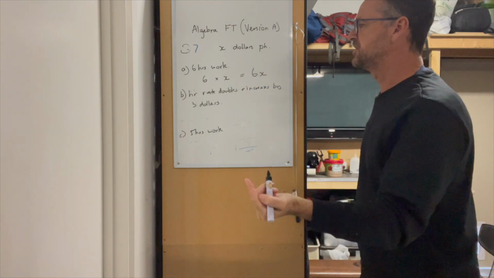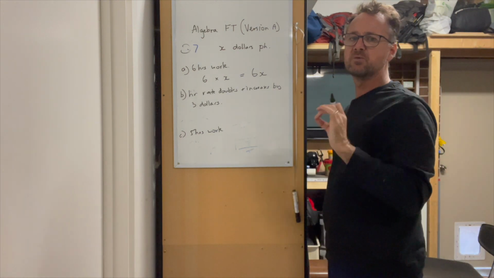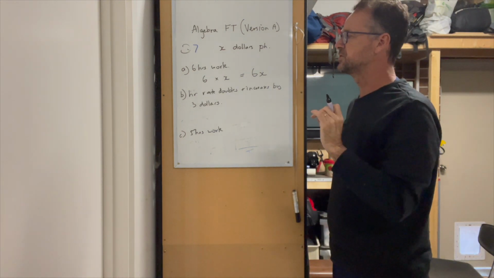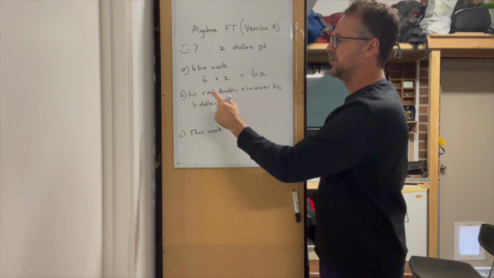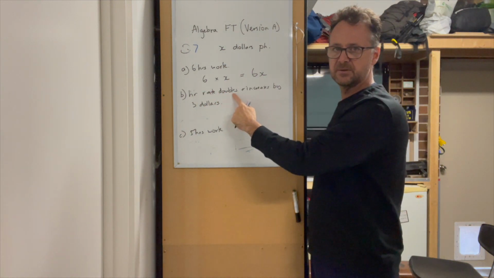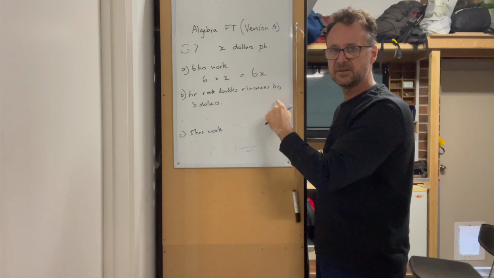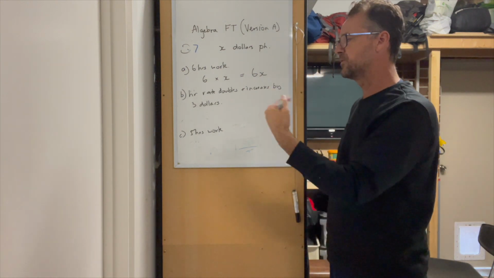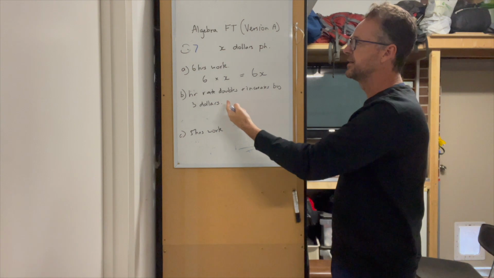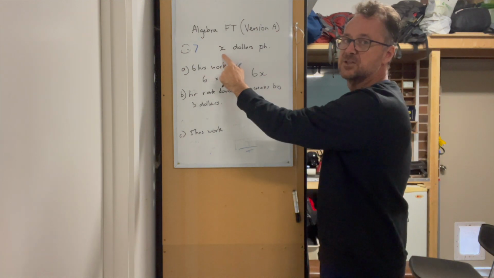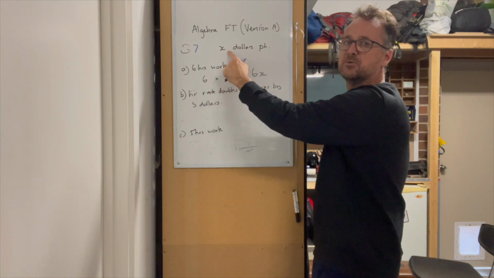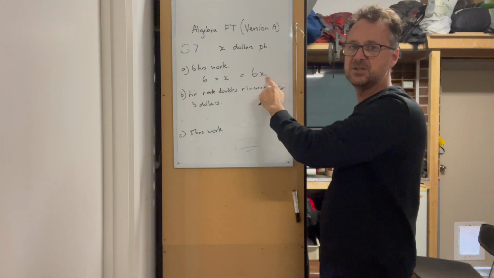We then see in question B, and you've got to read this question quite carefully because it says that her hourly rate doubles, okay? Hourly rate doubles and then it increases, okay? So we've got to double it first and then we've got to increase it. So it's asking us to go back to the original bit of data, not this part here, okay?